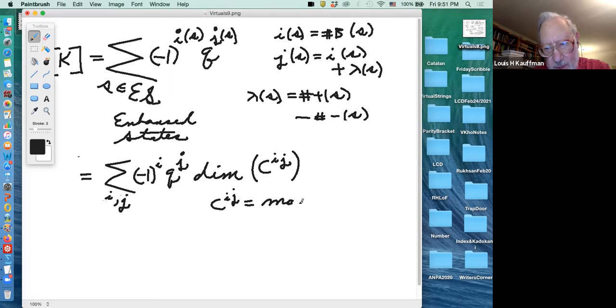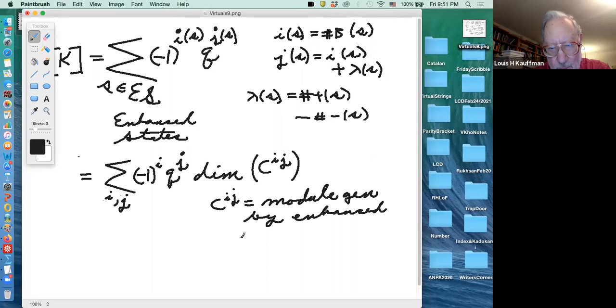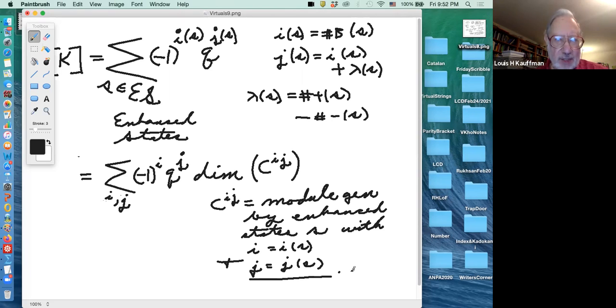for our purposes, the module generated by enhanced states S with I equal to I of S and J equal to J of S. Now this is just a tautology, right?